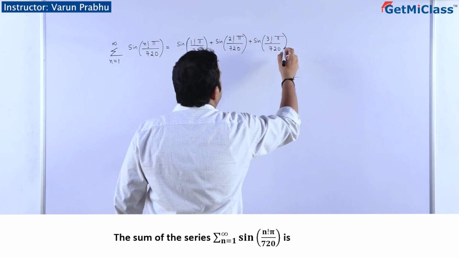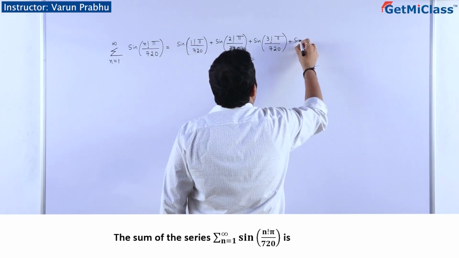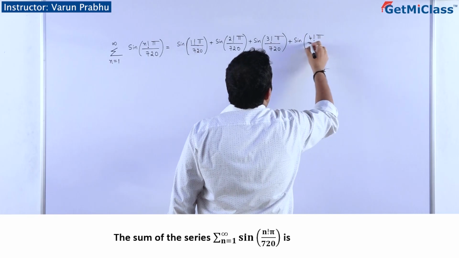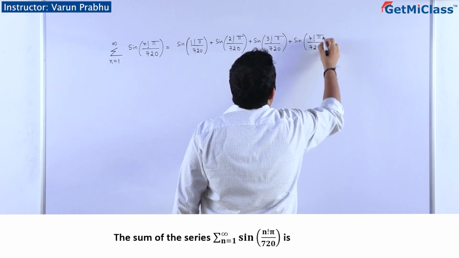2 factorial into pi divided by 720 plus sine of 3 factorial into pi divided by 720. Like this it will continue, plus sine of 4 factorial into pi divided by 720, correct?